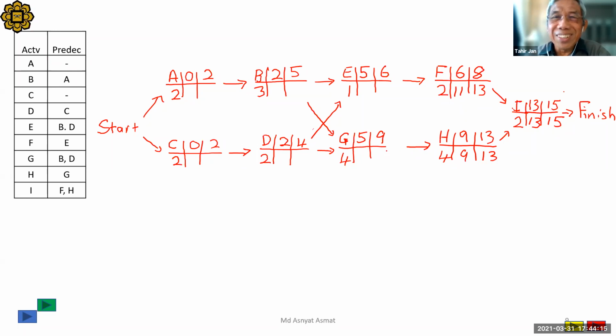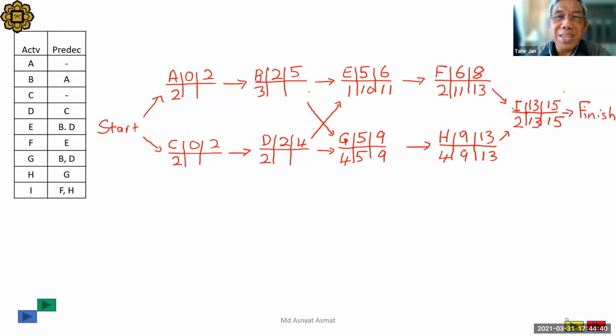I think now you already know where the critical activities are. G is 9. Now E, late finish 11, so 11 minus 1 is 10. Now G, 9 minus 4 is 5. Which one do you want?